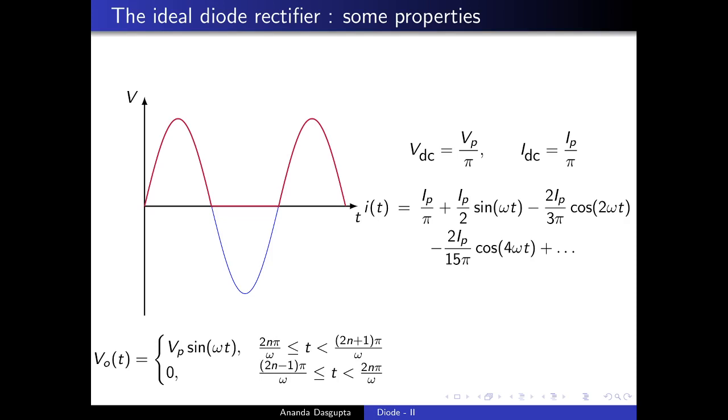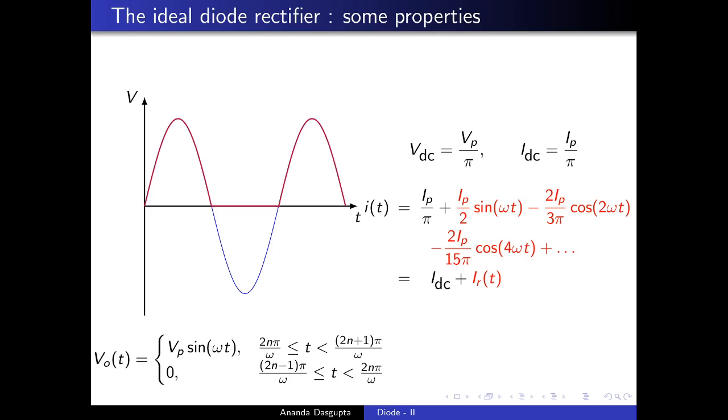Apart from the IDC, which is IP by pi, the rest of the current is actually called the IR. R here stands for ripple. This is the ripple on top of the current, and it's actually the AC part.